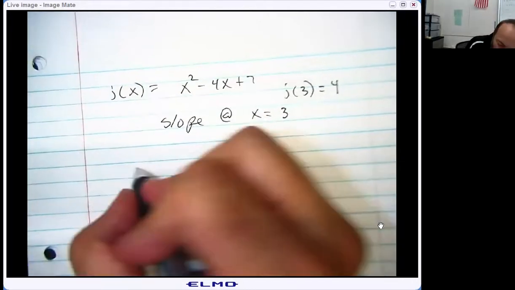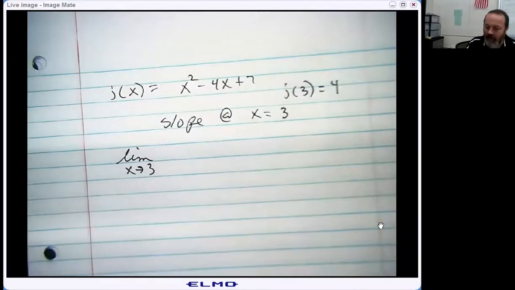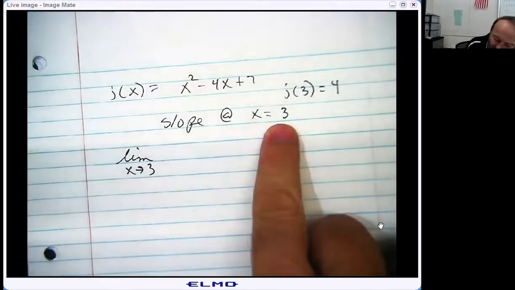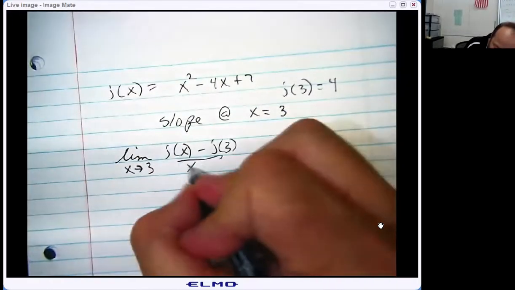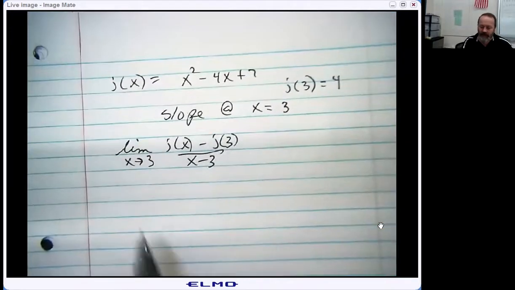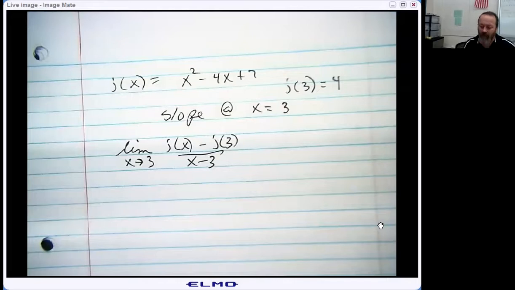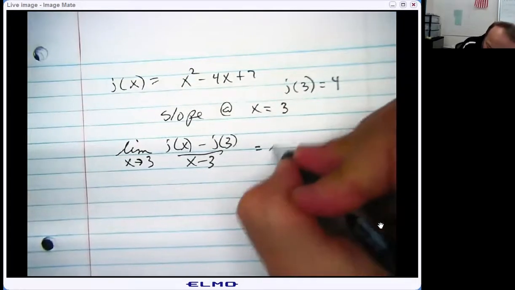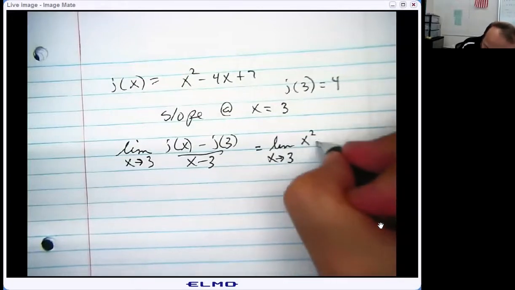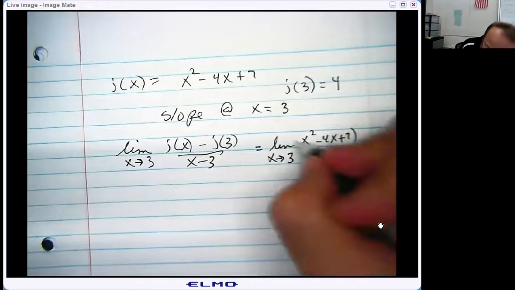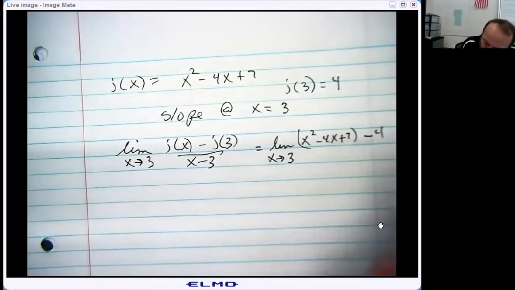So if I wanted to use the alternative version, I would go the limit as x goes to 3. I want to get really, really close to that value of j of x minus j of 3 over x minus 3. Now what you can still see is if you got really close to the number 3, this still would be 0 over 0, which is the indeterminate form. And I know not everybody likes this version, but if you saw how much work we had to do on the other side of the page, you will see right here, so there's j of x, there's j of 3.